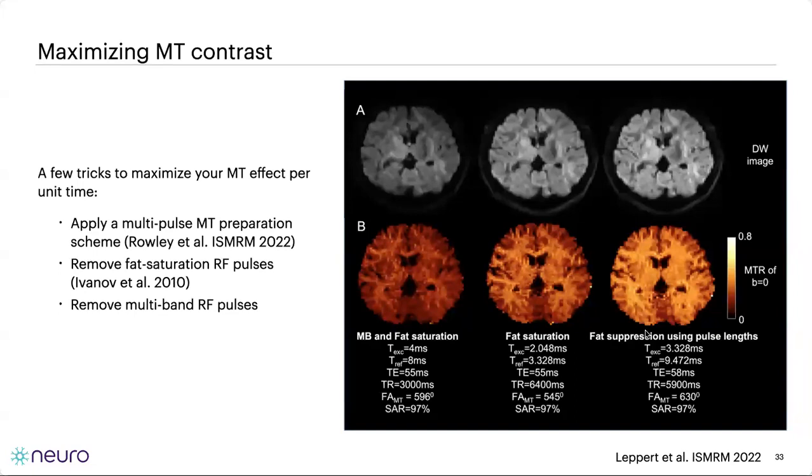Not very much. So we've tried to reduce that, remove multiband, use an alternate way to do fat saturation and things like that in order to generate the largest MT contrast that we could. So this is what we were working on here, and really, as you can see, improved the MT contrast and signal to noise ratio quite significantly by doing that.